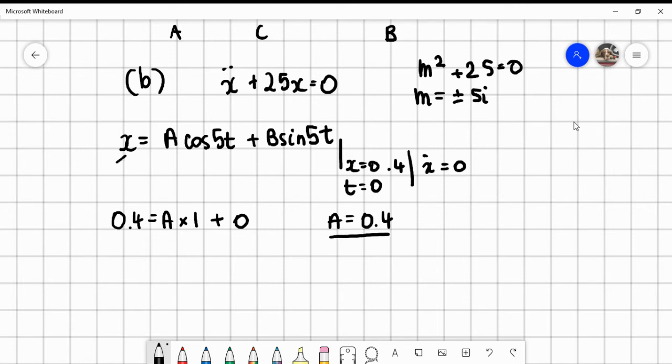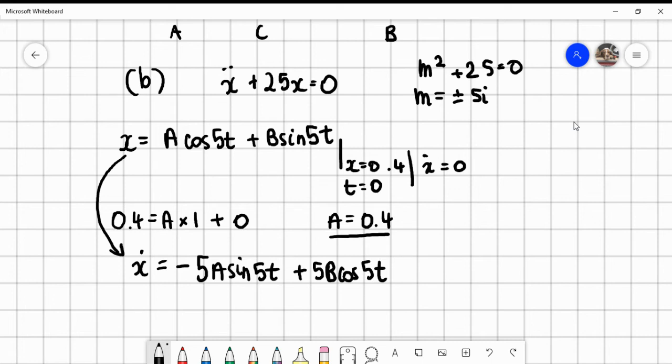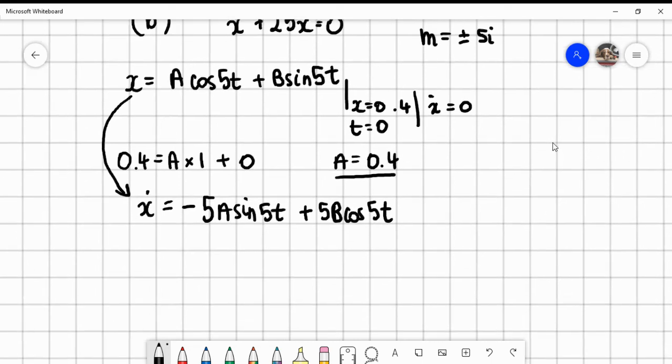Okay, so now I'm not going to replace a with 0.4, just leave it like that, but you may want to do it straight away. But it's going to be minus 5a sin 5t, if you differentiate x, plus 5b cos 5t. Okay, let's put all the other numbers in.